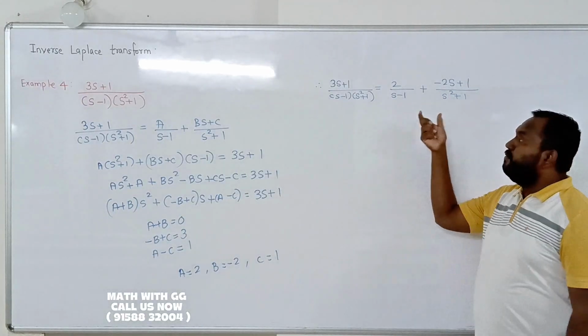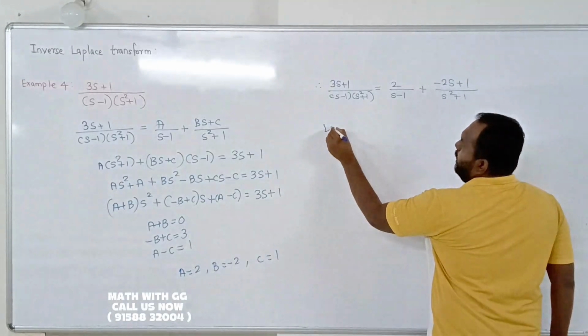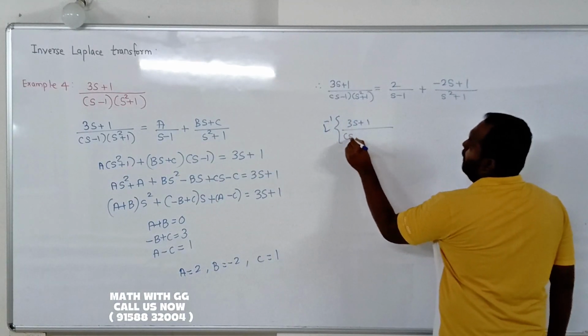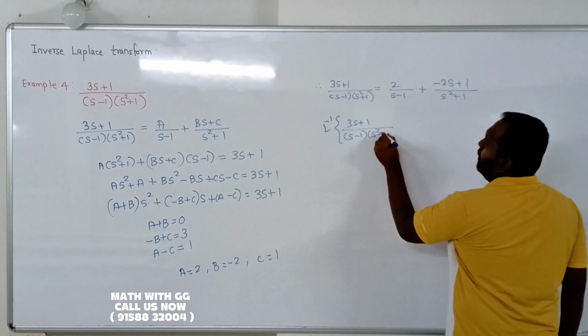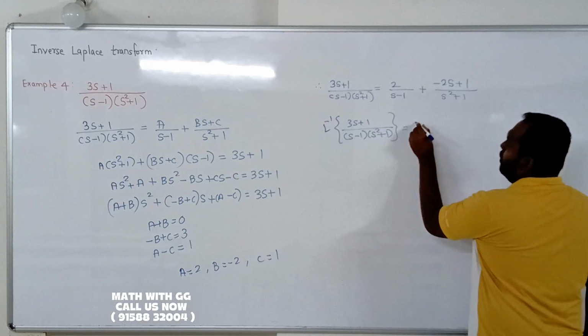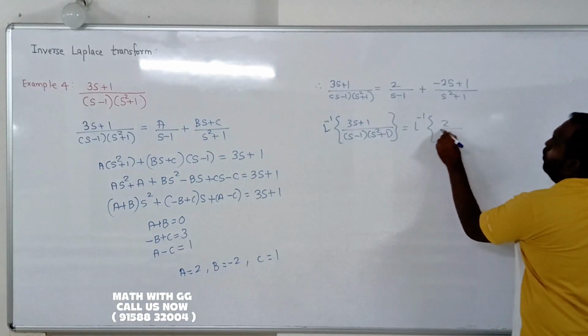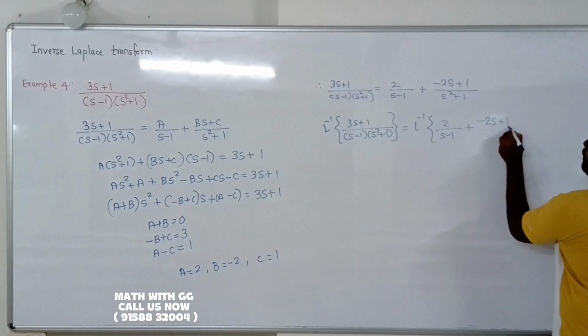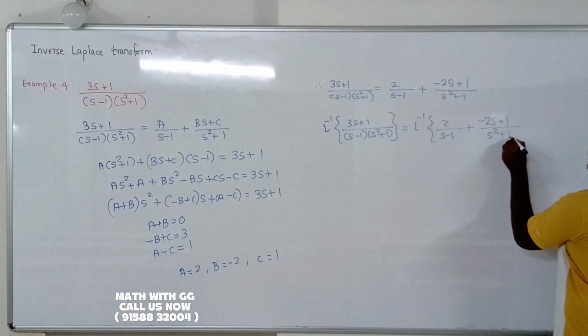Now, we will apply inverse on both sides. So, L inverse of (3s plus 1) upon (s minus 1) into (s square plus 1) is equal to L inverse of 2 upon (s minus 1) plus (minus 2s plus 1) upon (s square plus 1).